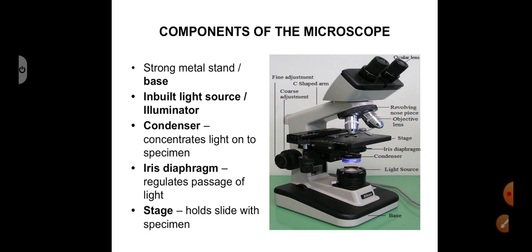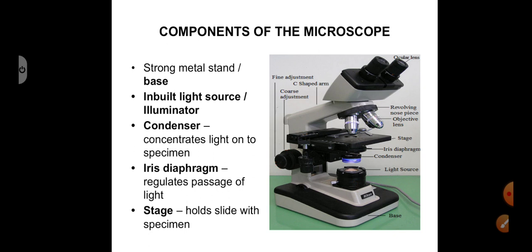So looking into the components of the microscope, one is a strong metal stand or the base, above which is a light source or an illuminator from which the visible light comes, and it enters the condenser. The condenser collects the light which is coming from the illuminator and focuses it onto the specimen.